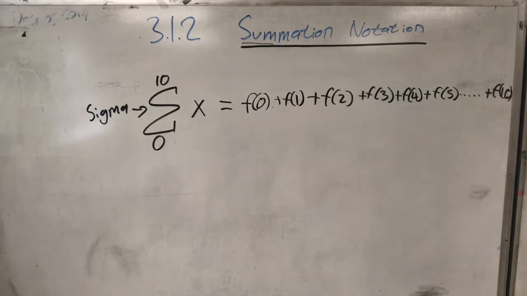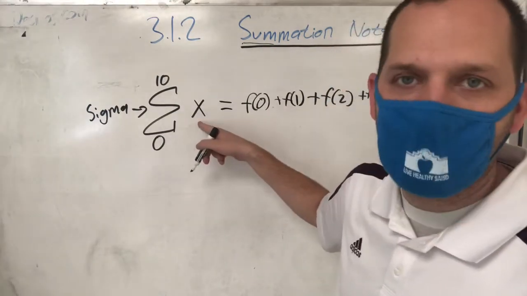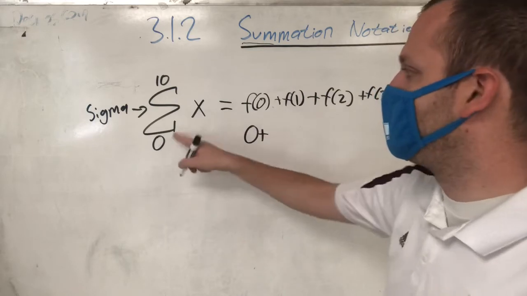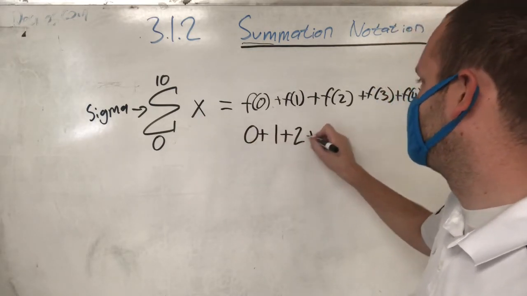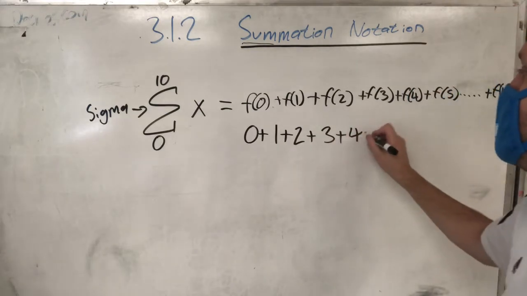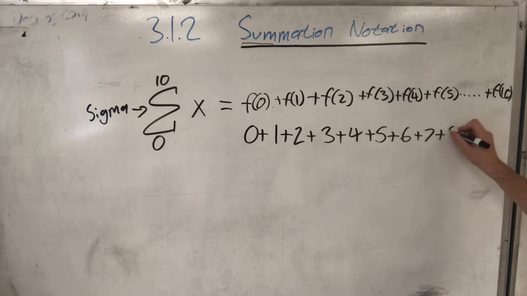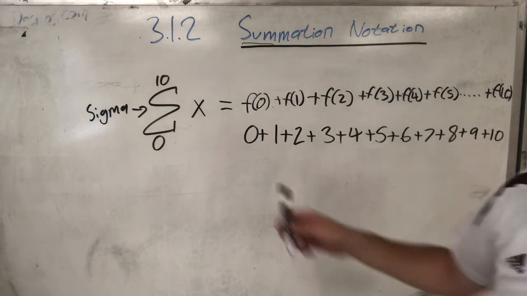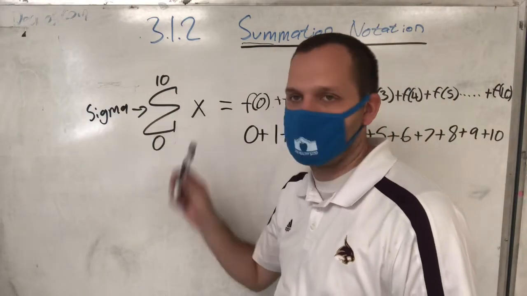You can. Good. Well, what's f of 0? What happens when you plug 0 in for x? You get 0. What happens when you plug 1 in for x? You get 1, 2, 3, 4, 5, 6, 7, 8, 9, 10. So what this means is add the numbers 0 to 10 together after you've plugged them in for x.